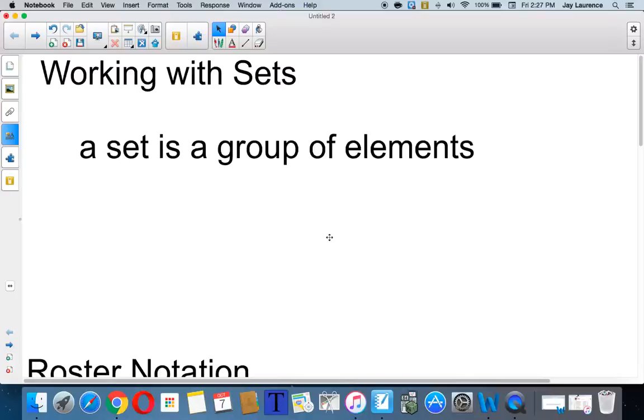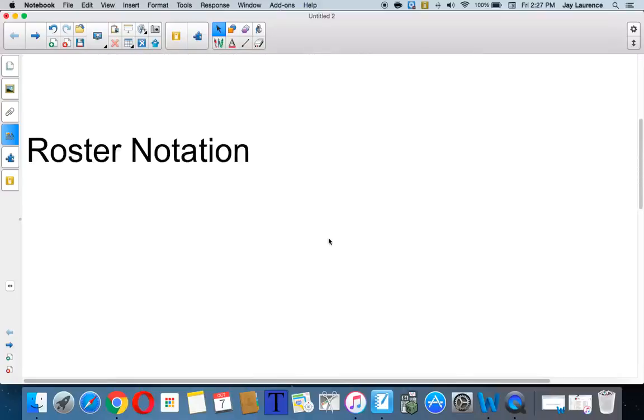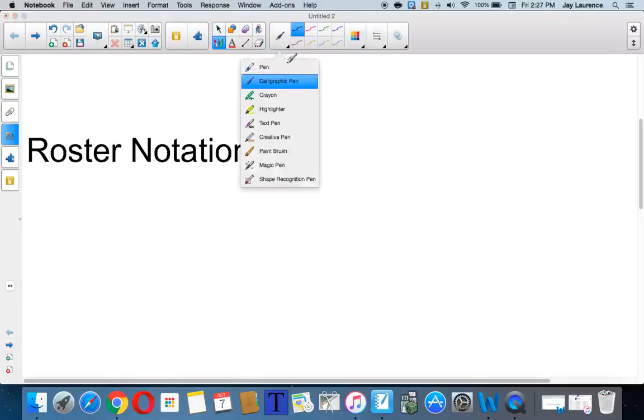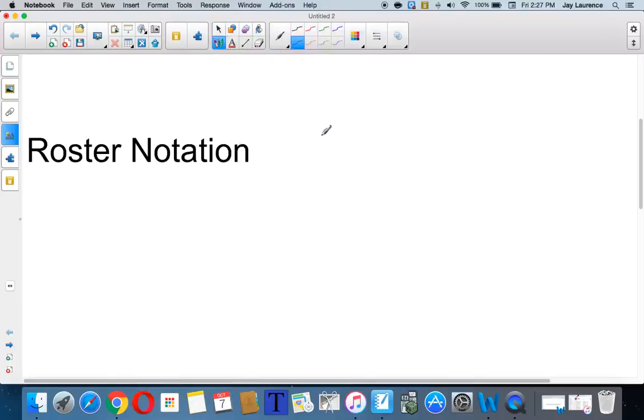Okay, so there are two ways to express sets. One way is roster notation, and roster notation is really easy. All it is is a roster of who's in the set. For example, if I wanted to make a set out of 10, 11, and 12, the roster notation would be like this. T, that's what I'm going to call the set.